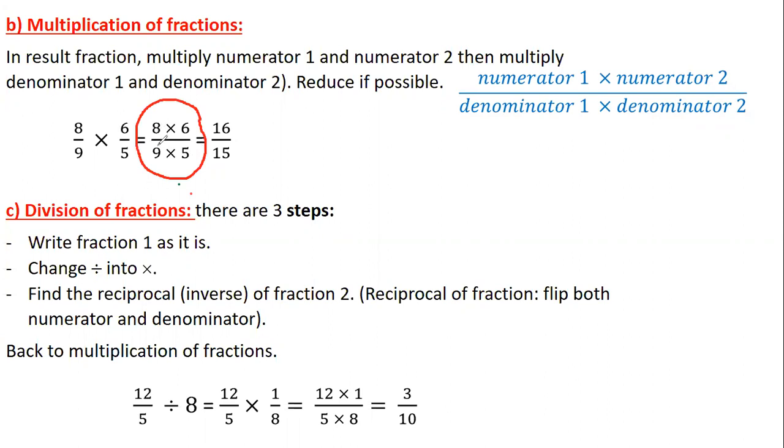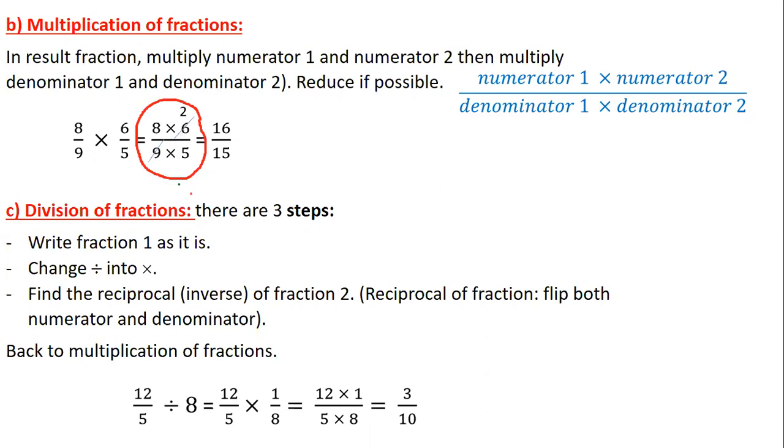Between 8 and 9, is there any common factor? No. Between 8 and 5? No. 6 and 9? No. 3. They are divided by 3, so yes, we can divide 6 and 9 by 3. 6 divided by 3 is 2.